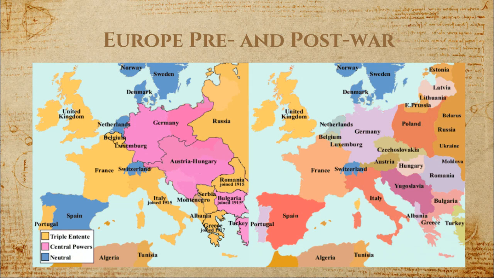Now, in looking at these maps, you can see the makeup of Europe both before and after World War I. You can see some of the new countries that were created include Poland, Czechoslovakia, Latvia, Lithuania, Estonia, and Yugoslavia. The Central Powers empires, as well as Russia, are noticeably smaller as well.